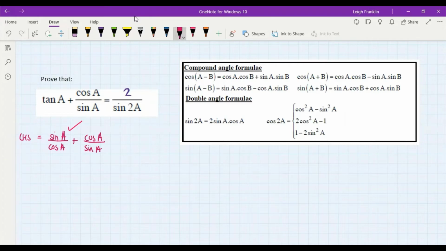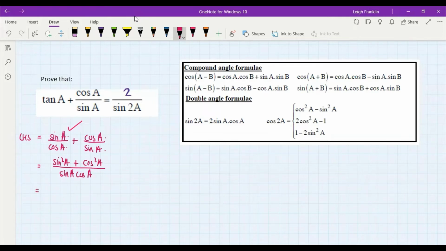All right, now we are adding fractions. When we add fractions, we have to have the same denominator. So here, our lowest common denominator will be sine A cos A. And now I've got to do the same thing to the numerators. I'm going to times that by sine A, and that by sine A, so that gives me sine squared A. And here, the fraction on the right, I've got to multiply the denominator by cos A and the numerator by cos A, and that gives me cos squared A over here.